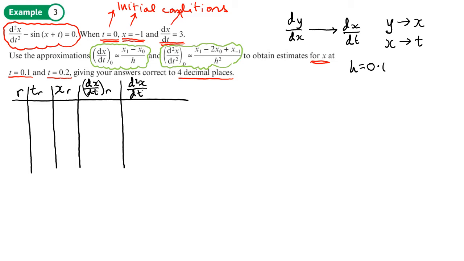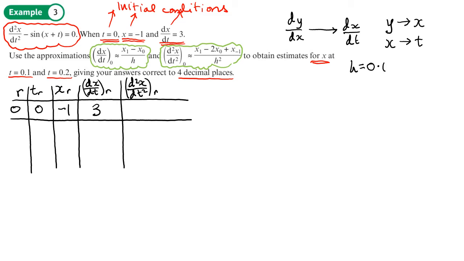Now we may not need all of these boxes, but it just helps us with our working. Now initially t0 is 0, so we'll fill in that first row, xr is -1, or x0 is -1, and dx dt 0 is 3. So there are our initial conditions.